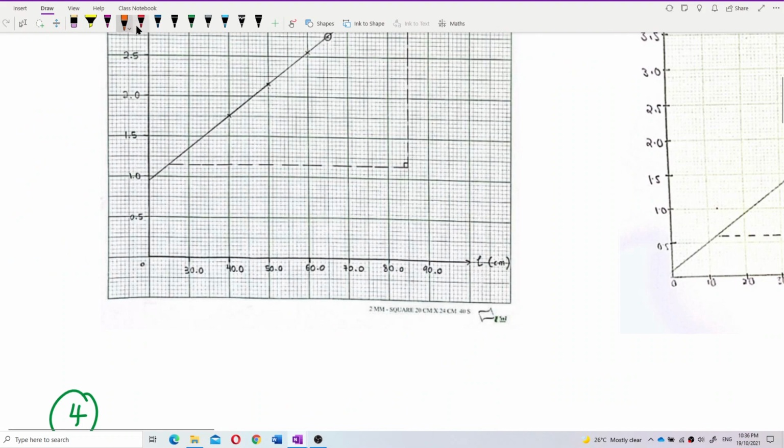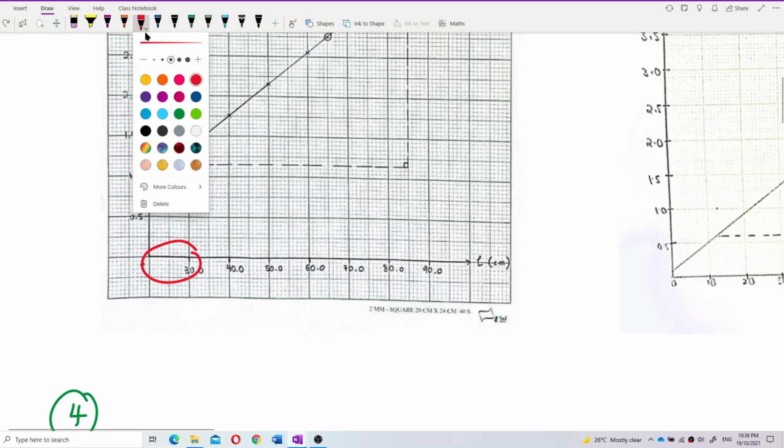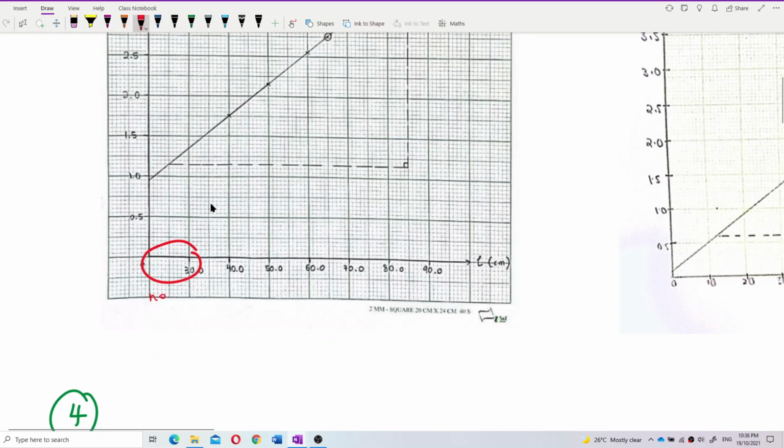This one is wrong already. How can 0 jump straight away to 30 then 40? No break scale. Should write like that, should write over there. No break scale.